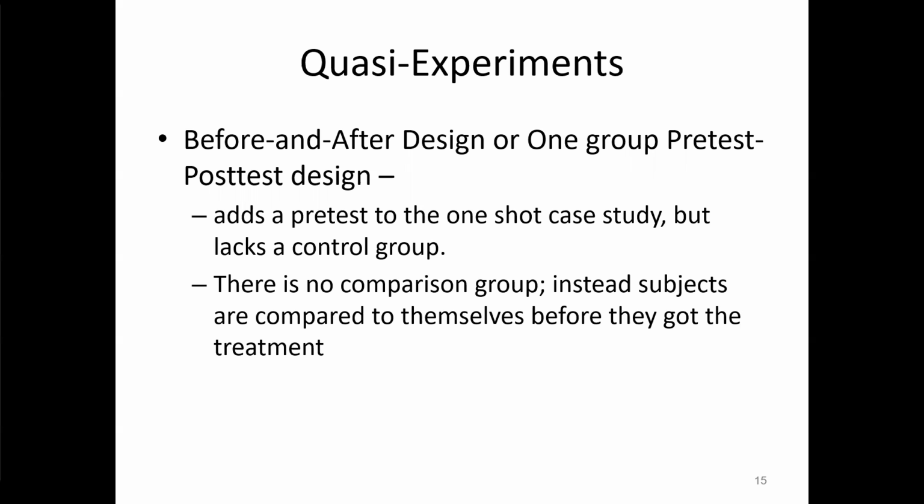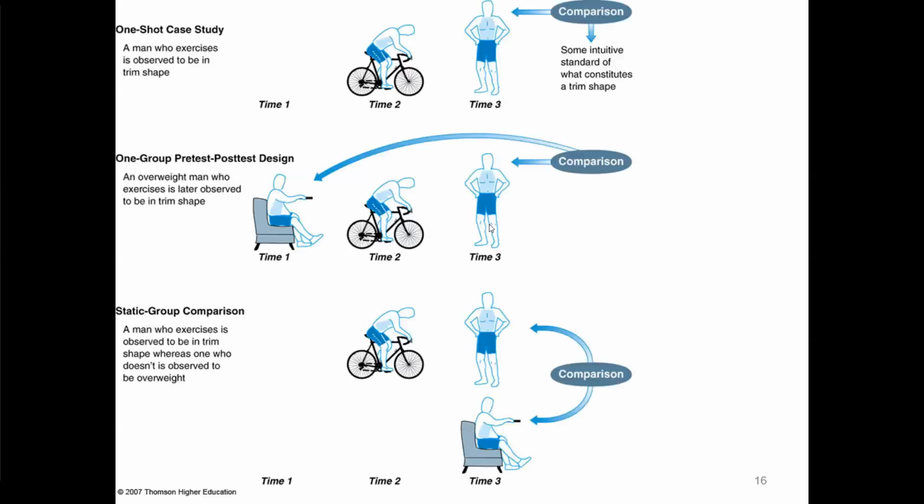And that adds a pre-test to the one-shot case study, but lacks a control group. And I know that I'm using a lot of jargon words and a lot of labels here, but I think that the illustrations provide a nice example. In this design, there isn't a comparison group, but subjects are compared to themselves before and after they get the treatment. So that's the one group pre-test, post-test.